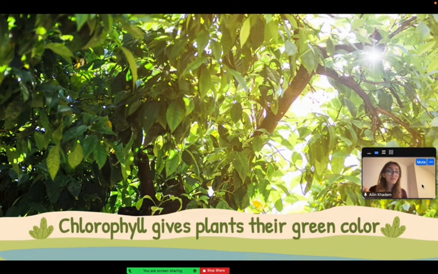Chlorophyll absorbs colors like red, blue, orange, all of those colors from the light spectrum, except greens and yellows, and it reflects those colors because it doesn't absorb them. That's why the color comes out as green.